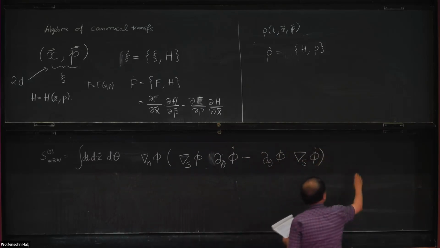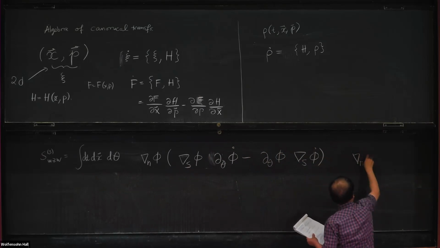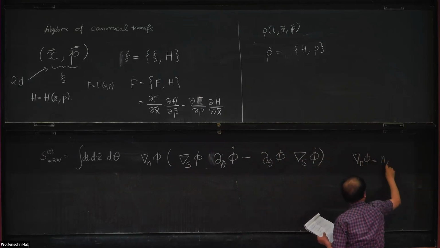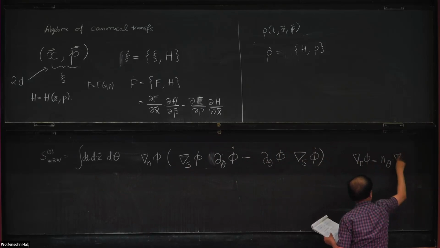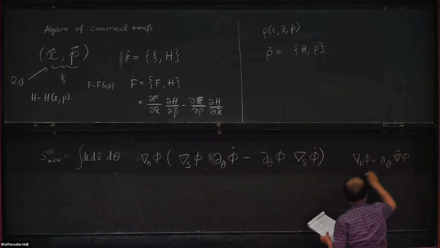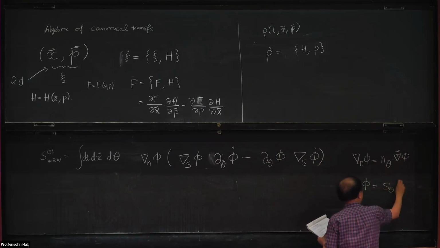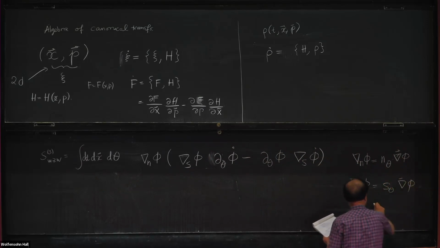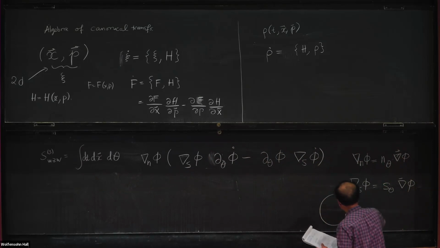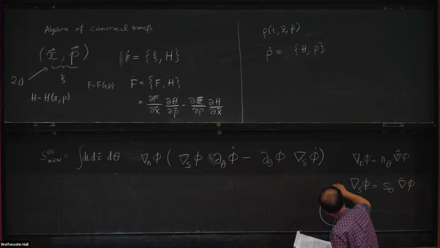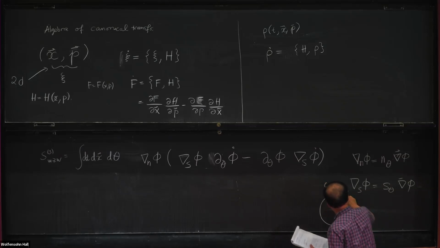Here, gradient phi is something we've seen before. S of phi is S of theta dot gradient of phi. That is the derivative in the tangent direction. S is the direction tangent to the Fermi surface, and n is the direction along the momentum.